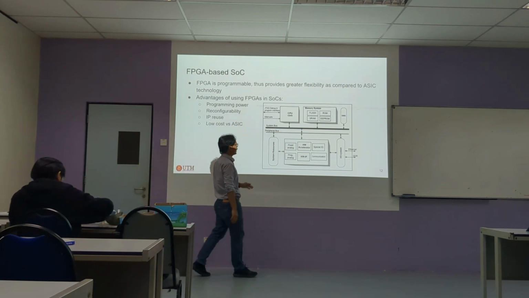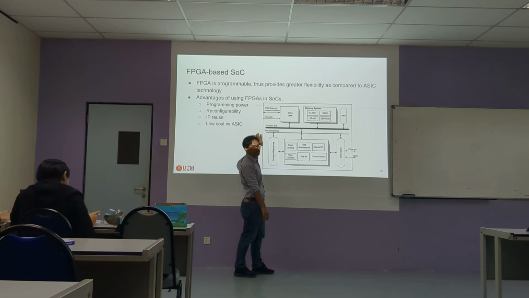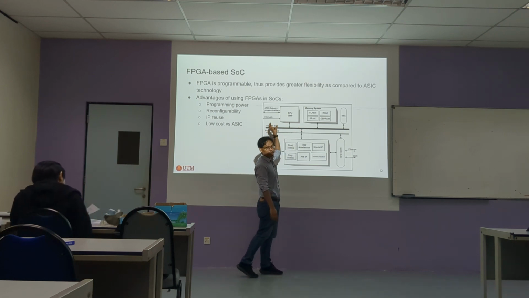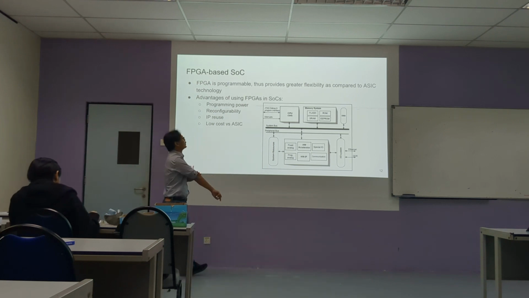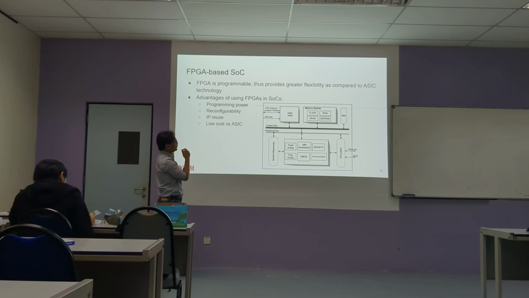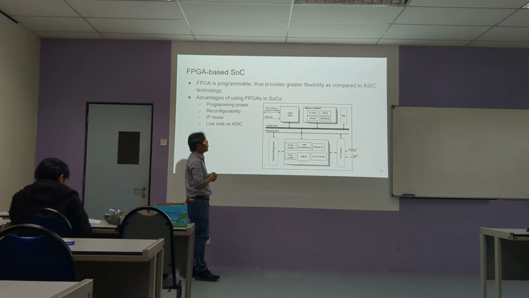Traditionally, maybe you have your hardware accelerator as a separate chip, not in the single silicon. Maybe your memory system is also a separate chip. So here we talk about software hardware co-design, whereby you have your CPU, memory, core, and I/O systems all in a single chip or single silicon connected by a system bus or peripheral bus.